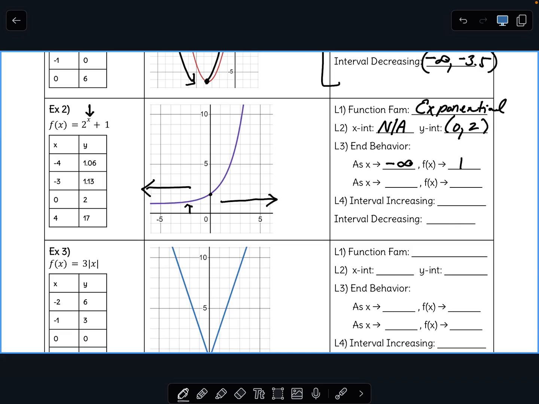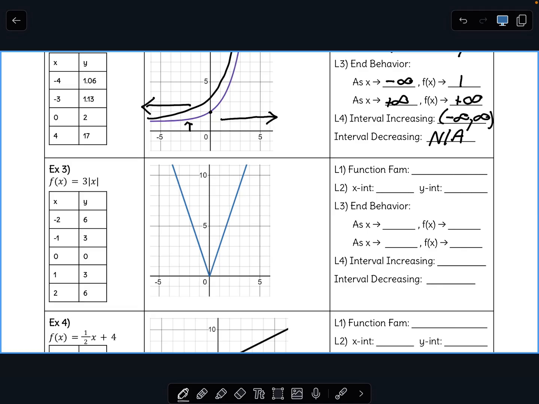And as x is approaching positive infinity, our f of x is also approaching positive infinity. All right, so where is our interval increasing? Well, it's only increasing. It's not doing anything else but increasing. So it's increasing from negative infinity to infinity, and interval decreasing is not applicable.